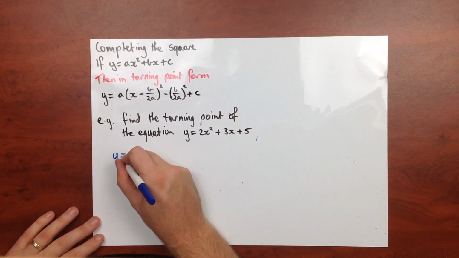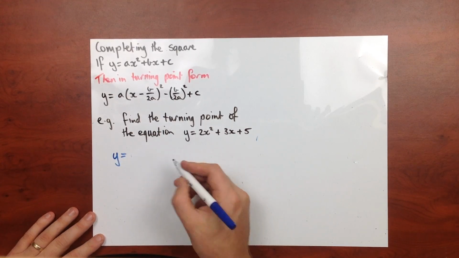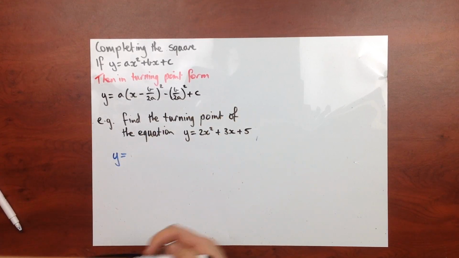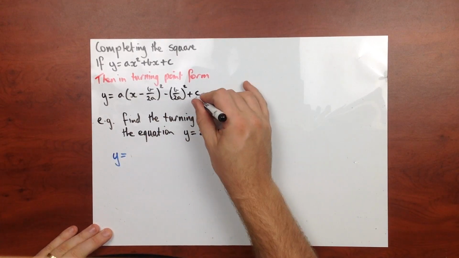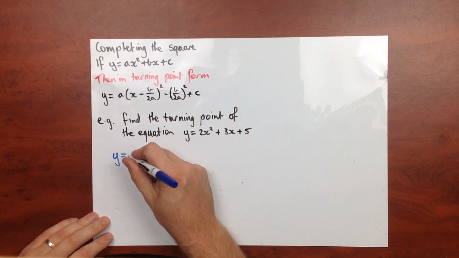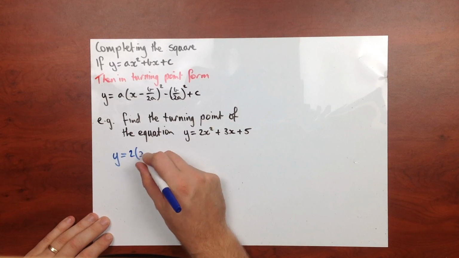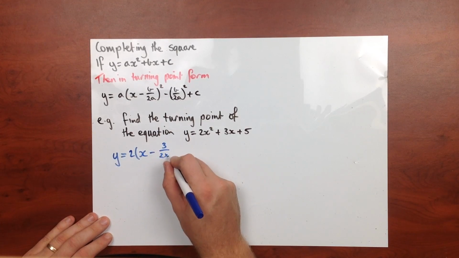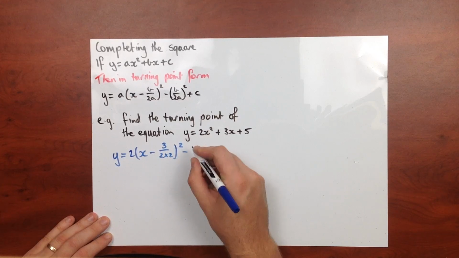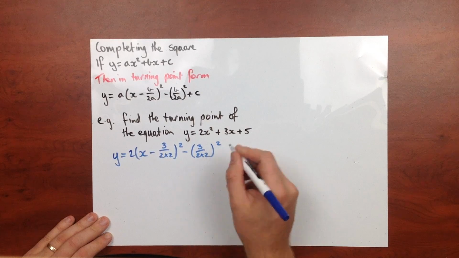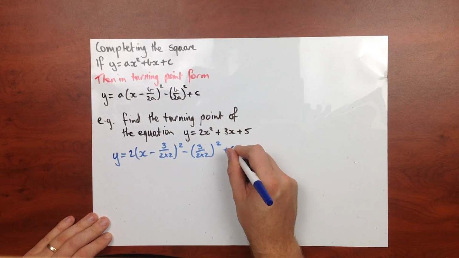So we're going to say y equals, we've got a here, we're going to bring that out. So we've got 2 outside of x minus 3 on 2 times 2, squared, minus 3 on 2 times 2, squared, plus 5.